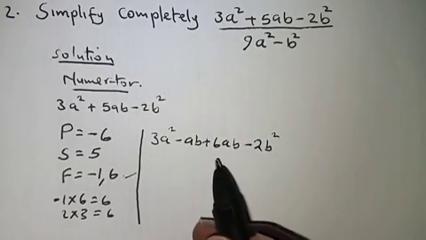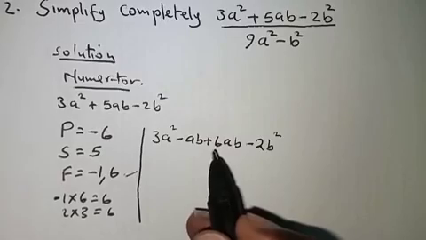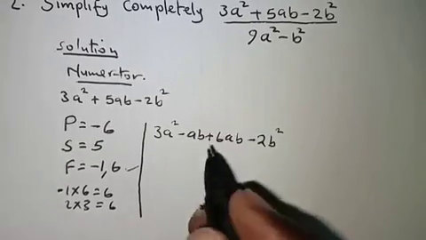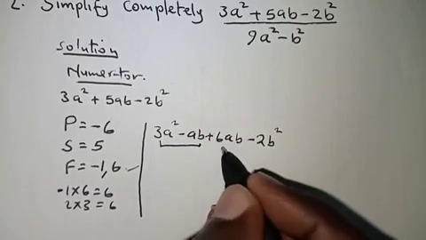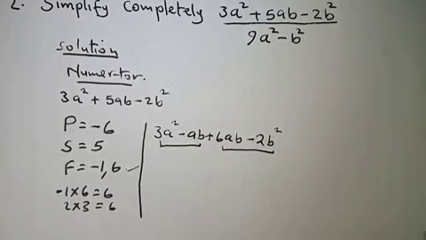Here we'll be able to factorize by simply grouping or pairing. You can pair the first two and pair the last two.